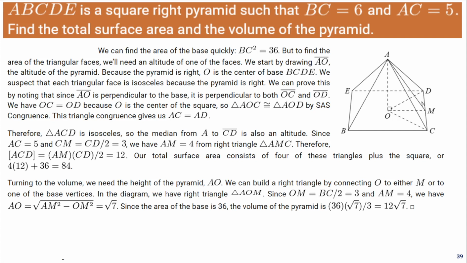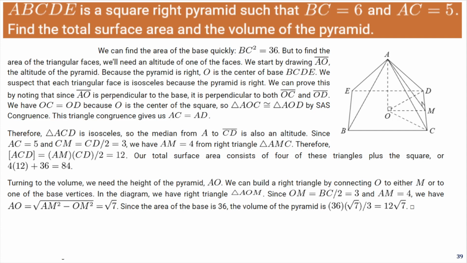Since AC equals 5 and CM equals CD over 2, which is 3, we have AM equals 4 from right triangle AMC. Therefore, the area of ACD equals AM times CD over 2, which is 12. Then our total surface area consists of 4 of these triangles plus a square, which is 4 times 12 plus 36, which is 84.